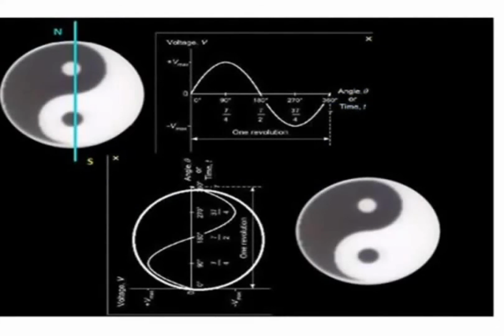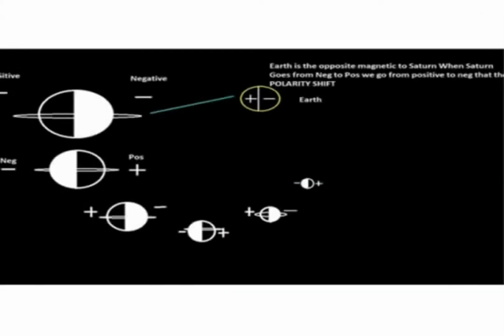Now if we look at this picture that I drew, Saturn is directly connected to the Earth. Saturn is the sine wave. It has positive and negative, but it switches every, I don't know how many thousands of years, but it switches, as you can see here in the diagram I drew.